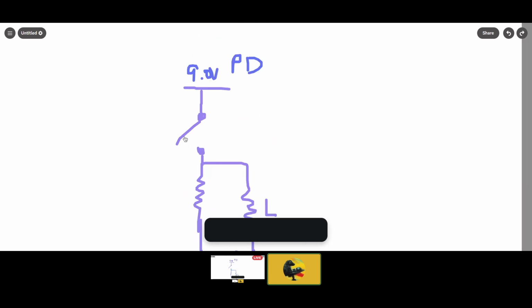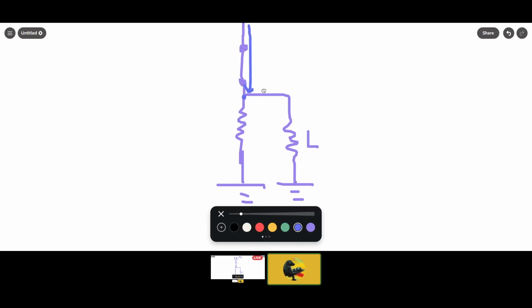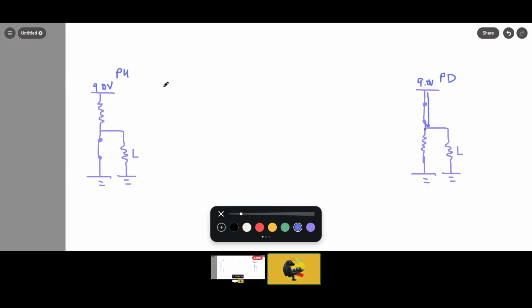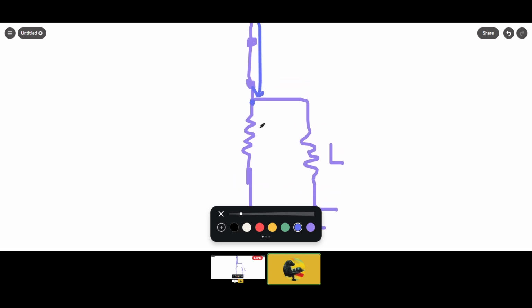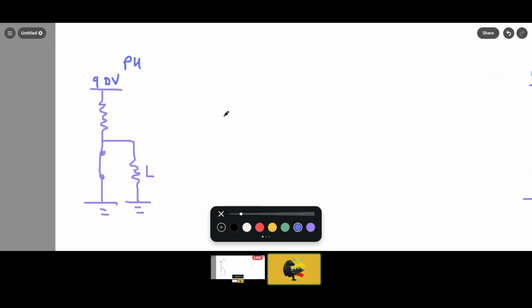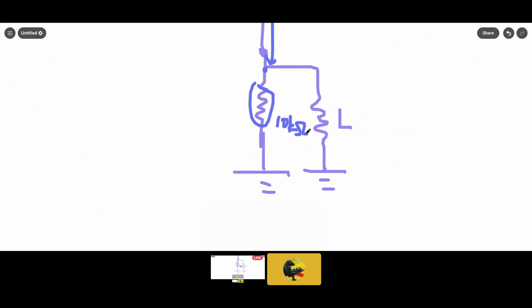Now what about when the switch is closed? When the switch is closed, now current will flow from the source, reach this node, and then have a choice. So we can follow the same principle. Electricity flows through the path of least resistance. In the case of a pull down and pull up resistor circuit, the resistor that is added will usually have a very, very high resistance, like 10 kilo ohms.